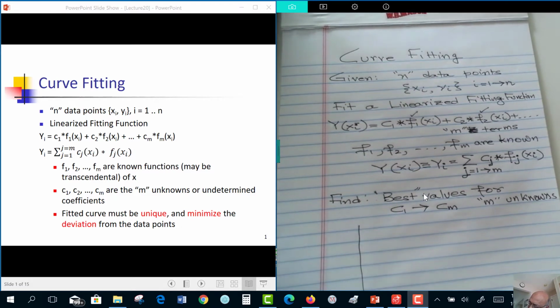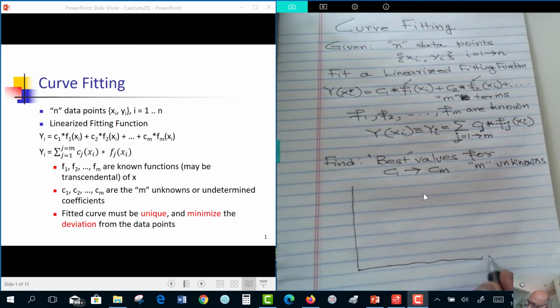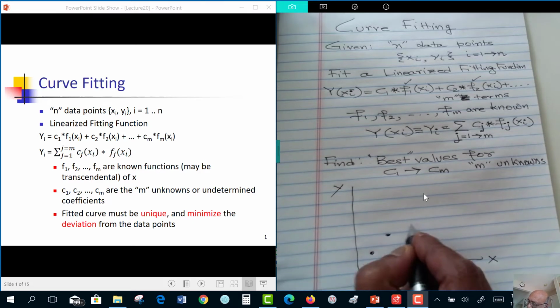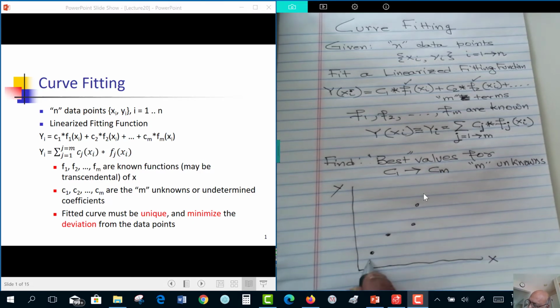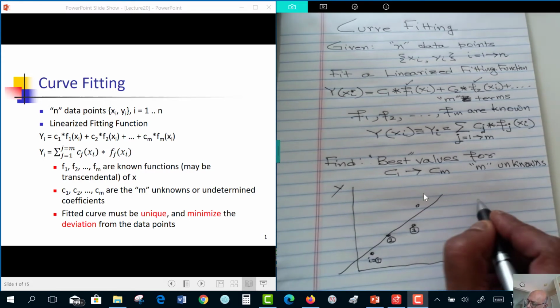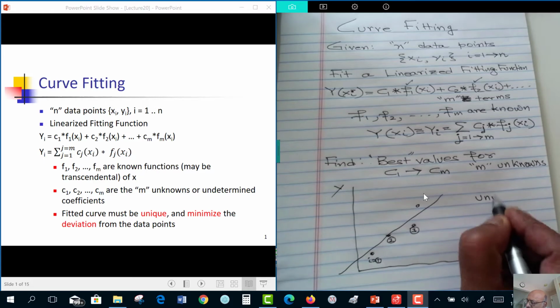So let's visualize. This is our x. This is our y. So we have these data points, i equal to 1, 2, 3, and so on. What we want to do is fit, say, a straight line. What we mean by best is that our straight line for this set of points should be unique.